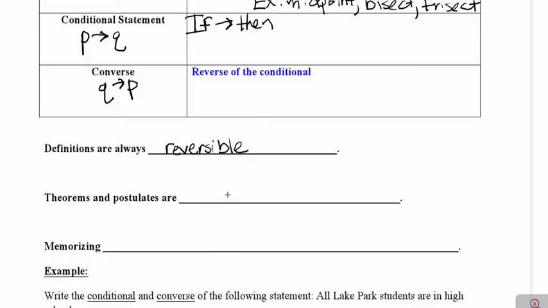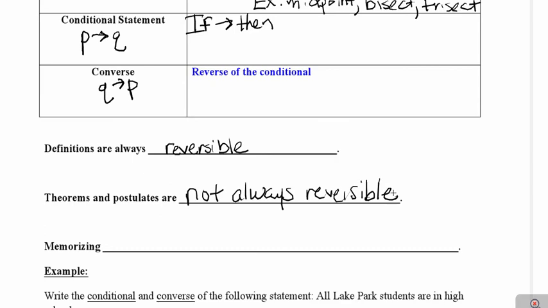Theorems and postulates, on the other hand, are not always going to be reversible. One example of this would be the theorem that we learned about: if two angles are right angles, then they are congruent. The reverse would be if two angles are congruent, then they are right angles.